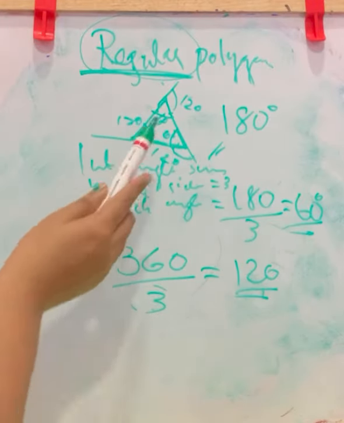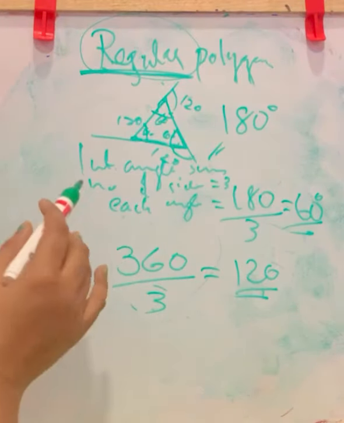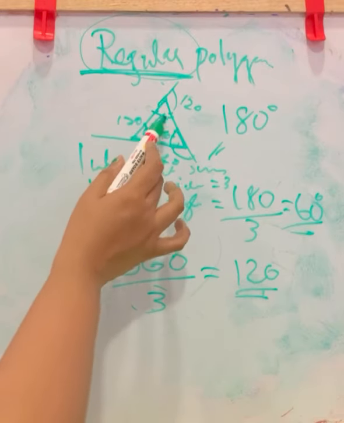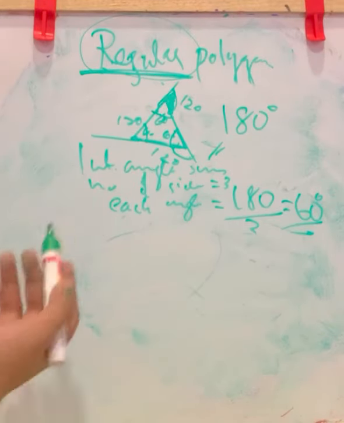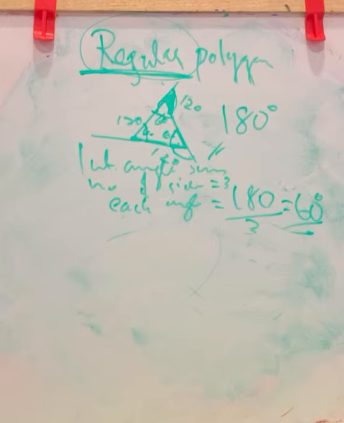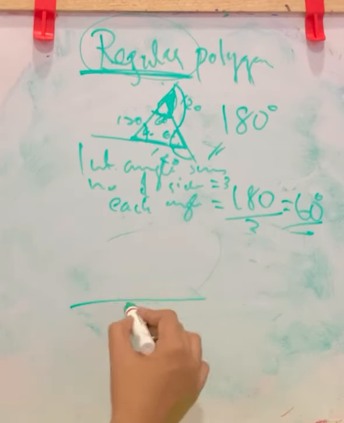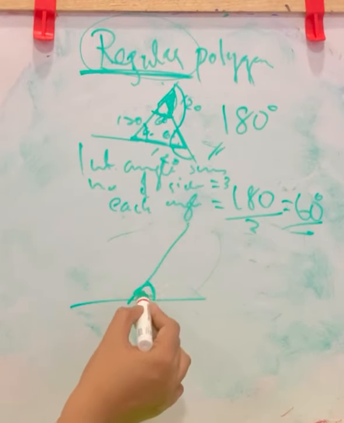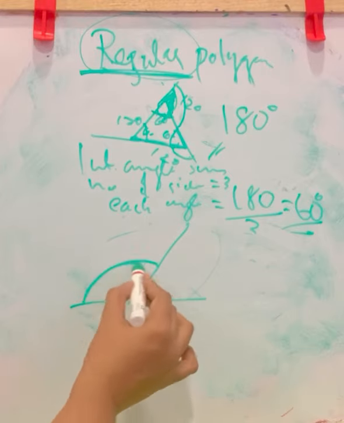Or you can say in the smallest regular polygon, we have interior angle 60, and maximum exterior angle. That is, this is the minimum interior angle. So, this will be the maximum exterior angle because they form a linear pair. If this is the minimum value, this will be the maximum value.